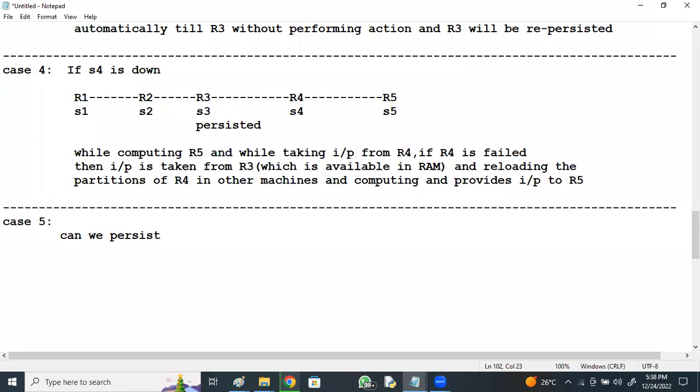Can we persist to what it is? Yes, so it's possible, right?